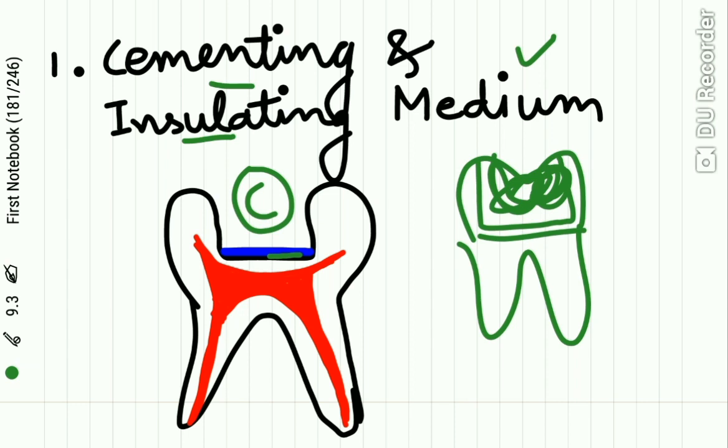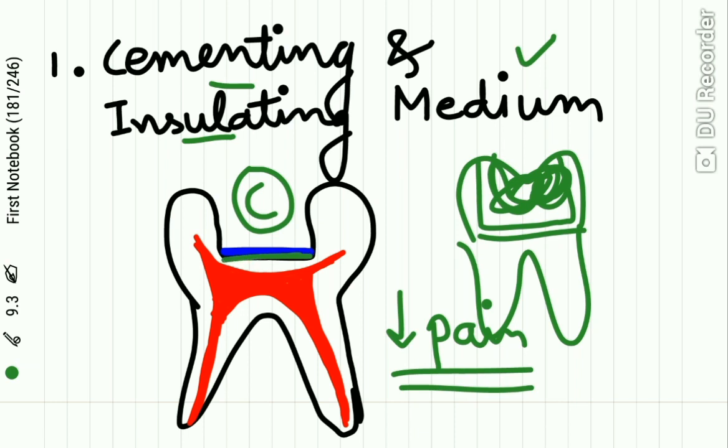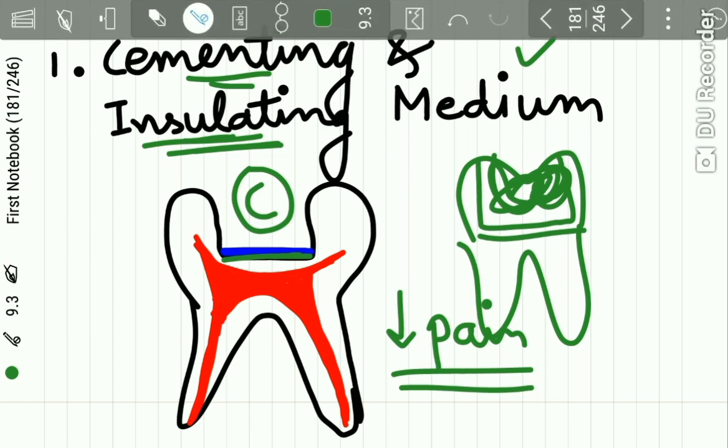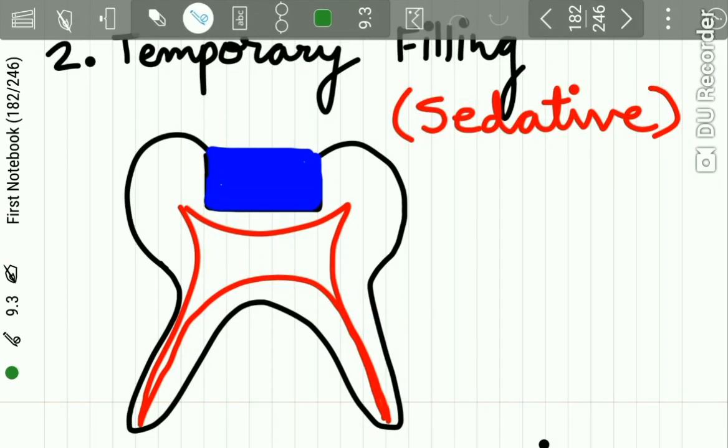So, to reduce this pain or sensitivity, a protective layer of some material is added on the base of this cavity, and ZOE paste can be used as this cementing or insulating material on the base of the cavity. This is one of the applications of the ZOE paste.